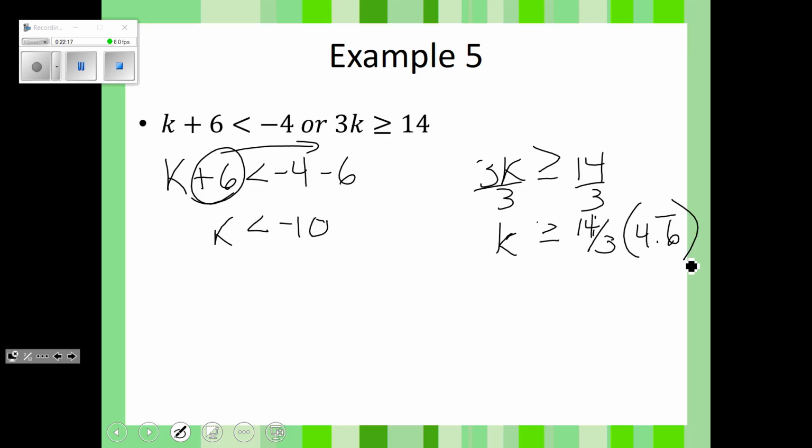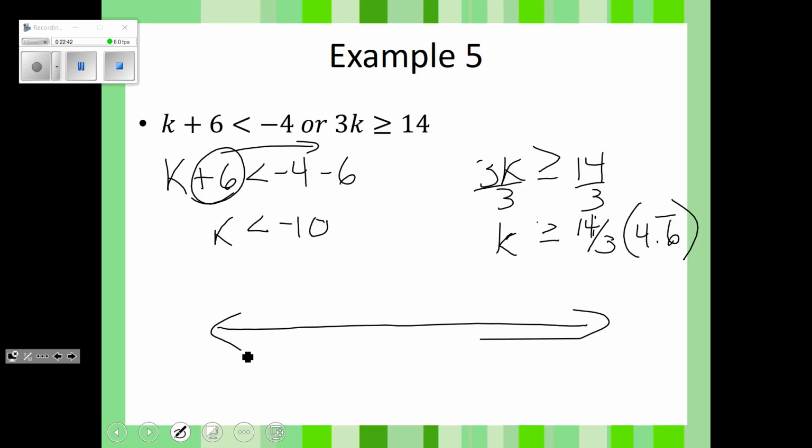Okay, now we're not going to plot in decimals. I would still plot using integers only. Integers and whole numbers only. So we want to go all the way from -10 all the way up to, like, where would 4.6 be? Between 4 and 5. Okay, so what do you want to count by? 5s, -15, -10, -5, 0.